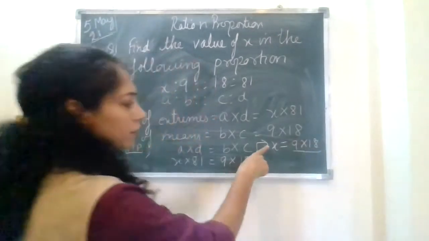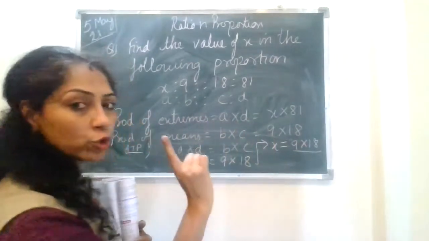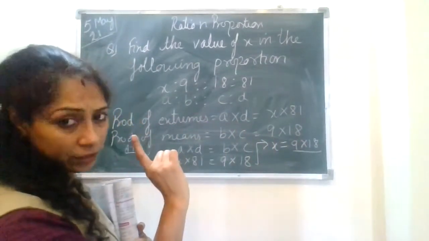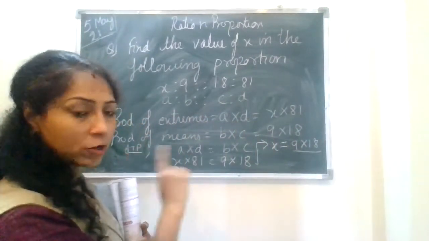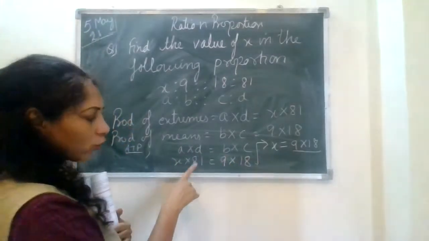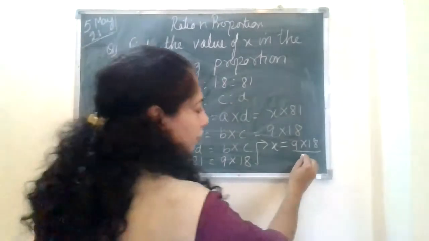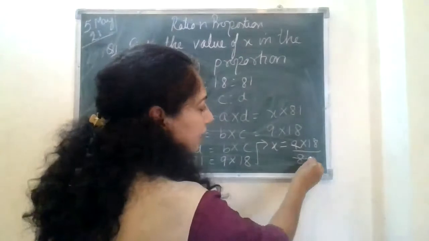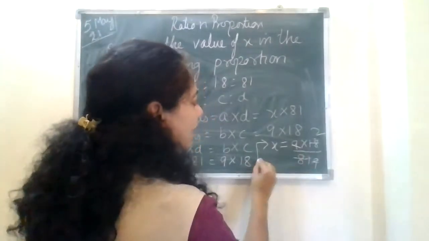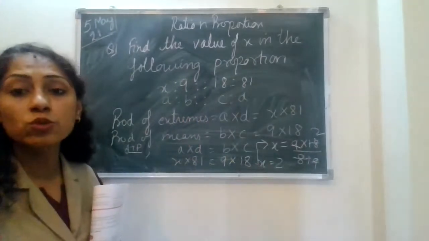Here, 81 was in multiplication, so I divided by 81 to remove it because I want to keep x single on the LHS, because we need to find the value of x. So I divided by 81, or you can transpose also. 81 from here, multiplication will go over here in division. Okay, so 9 nines are 81, 9 twos are 18, so the value of x is 2 over here.